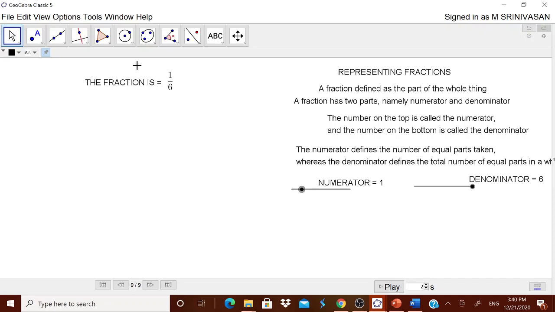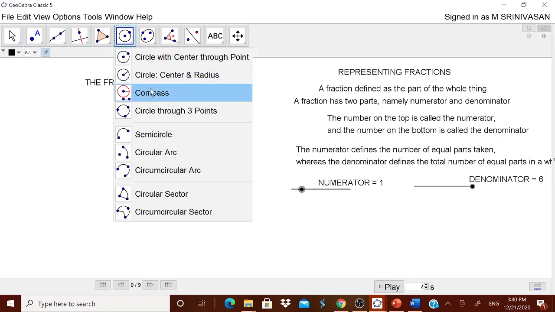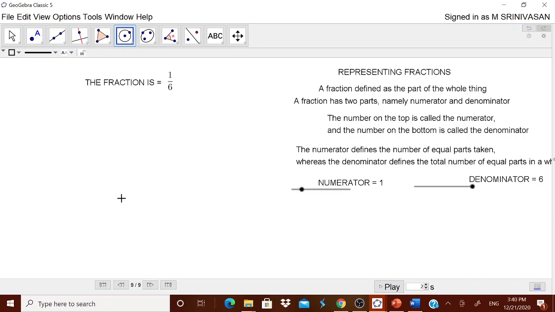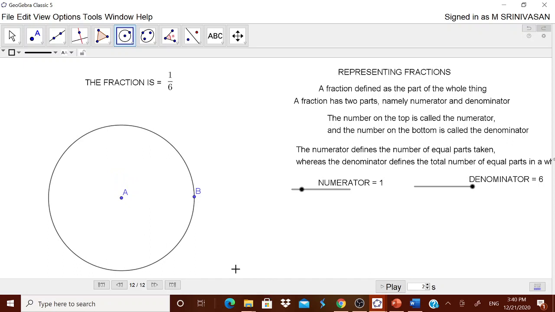Okay, well, now let us try to draw one circle, not very big, not very small, which should be visible to the children. I am taking the circle. Let me draw this. Now I am going to rotate this B with respect to A. Please note down the formula for it.